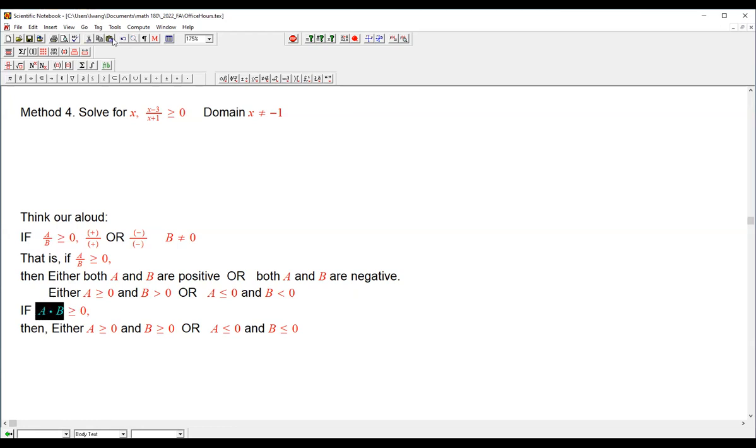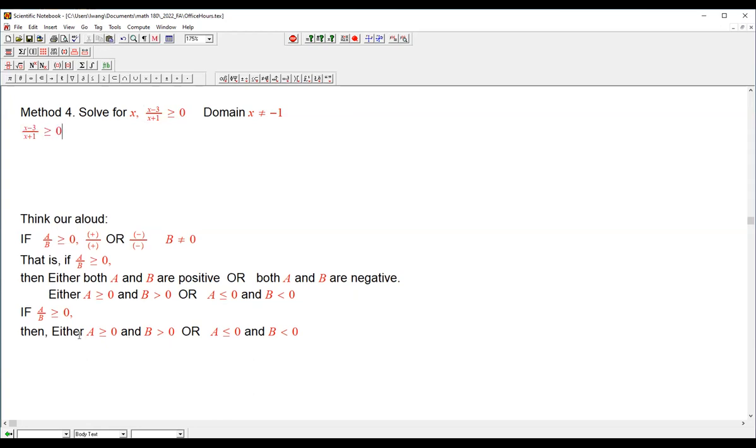So with this quotient greater than or equal to 0, we have a slight change in consideration, all things considered. Okay, so then we're going to bring this statement. So if this is true, then we know this is an if statement. And what will be the next statement?